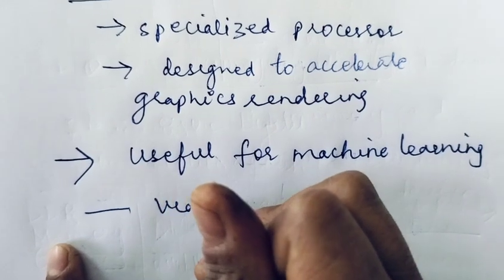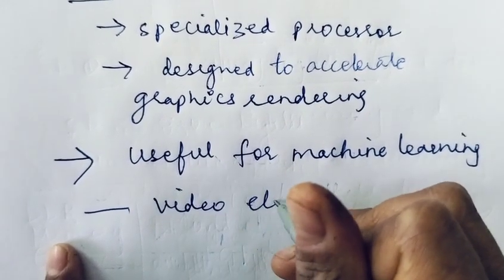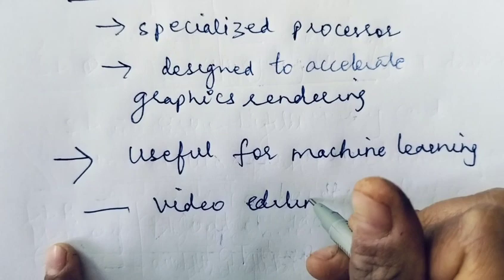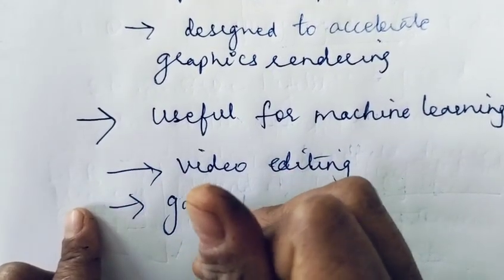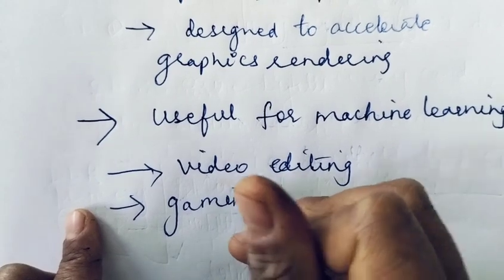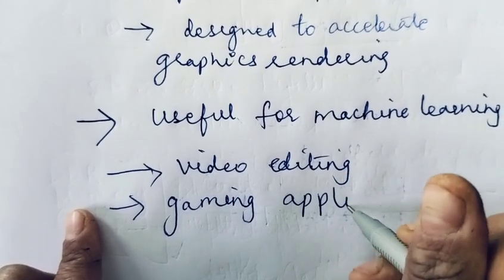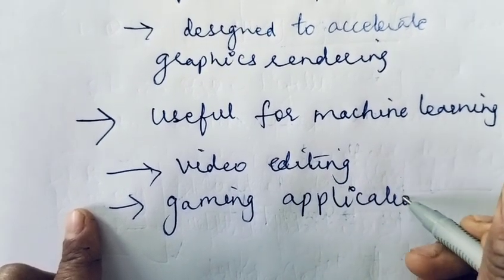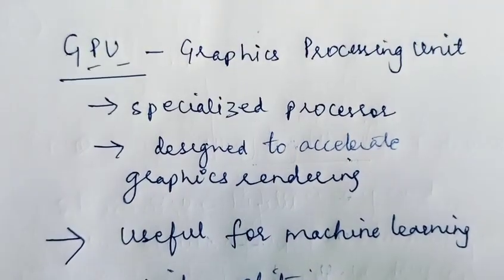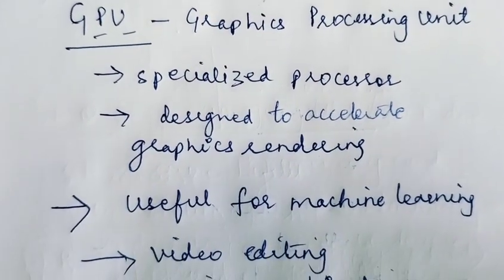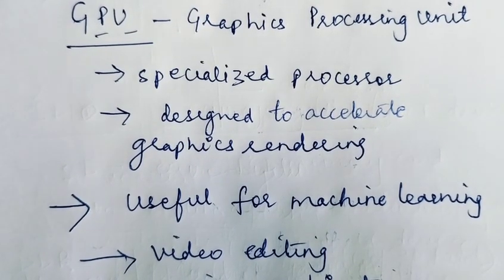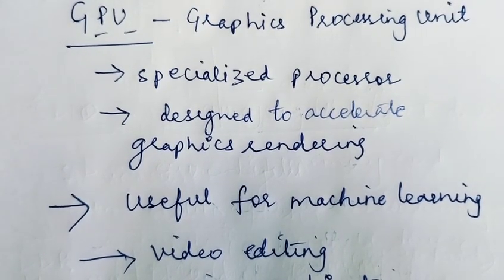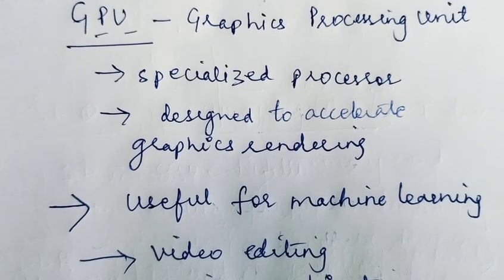It is used for applications like video editing, machine learning, and various gaming applications where high-end graphics are used. So these are the application areas of a graphics processing unit or a GPU. So these were all the things or devices that are used in an IoT system.